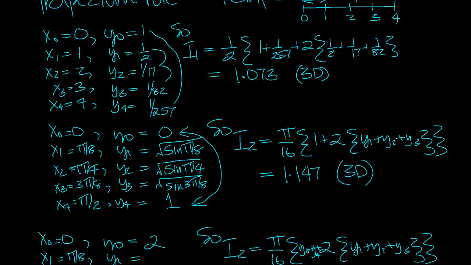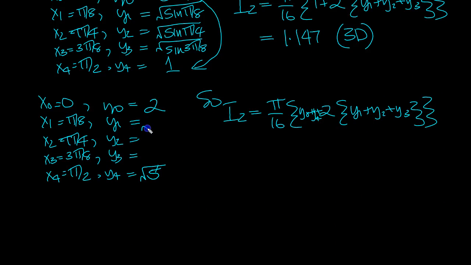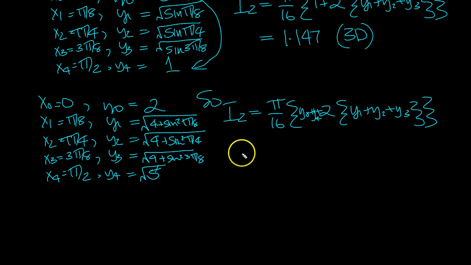Well, we're going to have to write that. Square root of 4 plus sine squared pi over 8. And this is the square root of 4 plus sine squared pi over 4. And this is the square root of 4 plus sine squared 3 pi over 8. That's our values then.